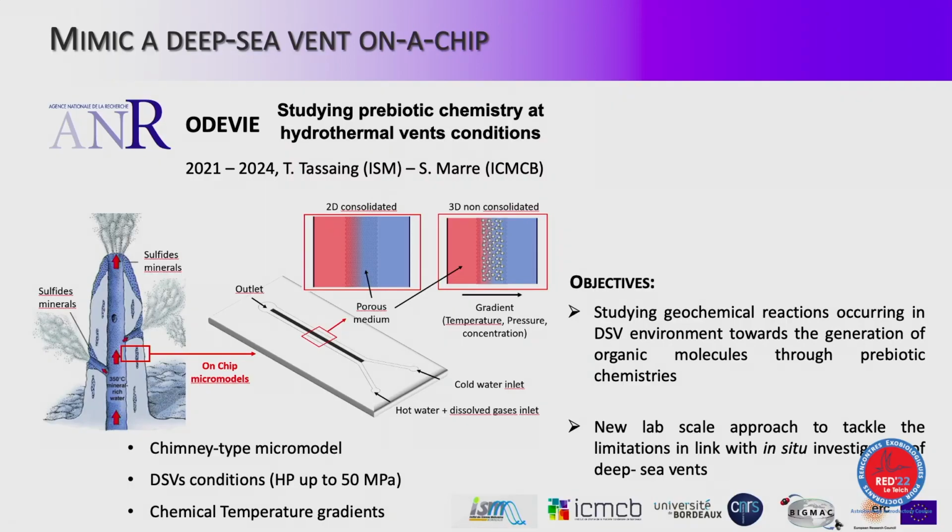Here the idea, in the frame of this French project, Eau de Vie, is to study the prebiotic chemistry at deep sea vent conditions. This project is performed in the lab in Bordeaux by Thierry Tassin and Samuel Marre. So you have an example here of the microchip.